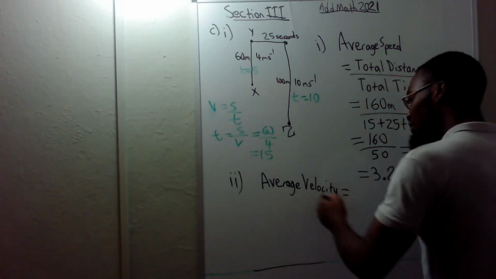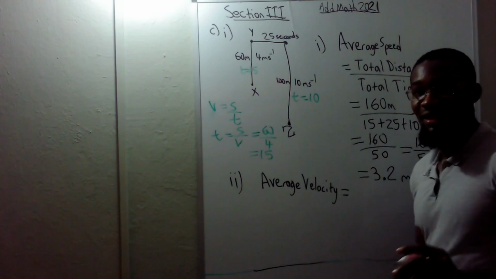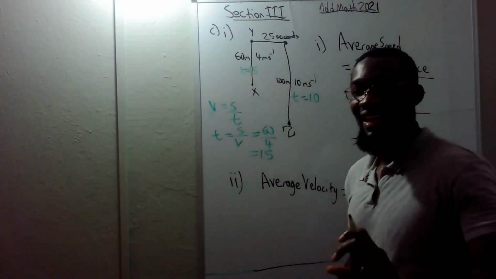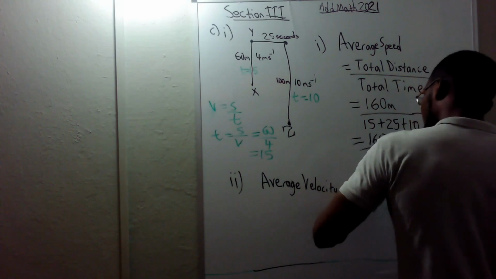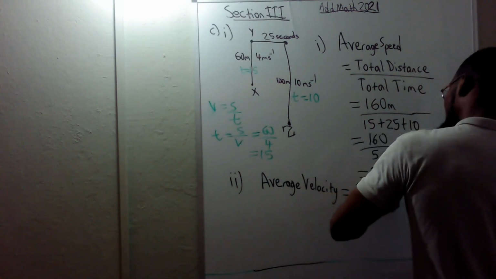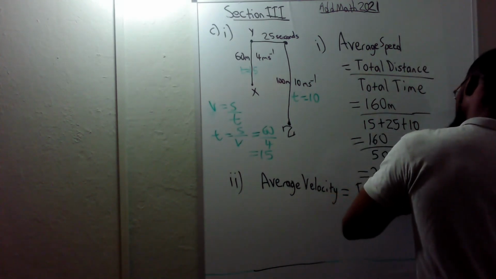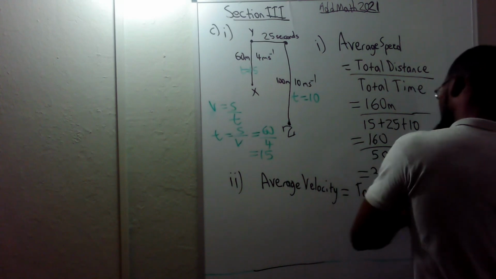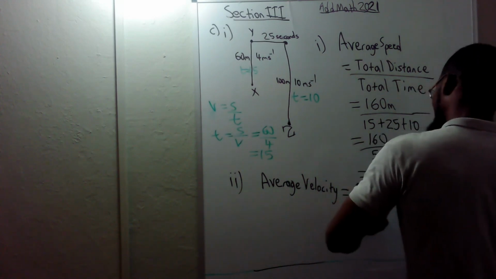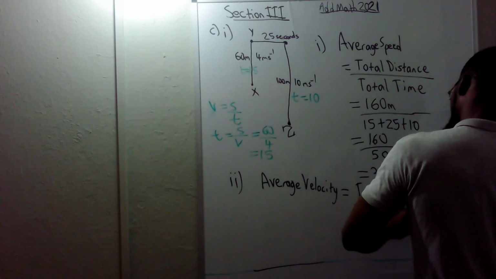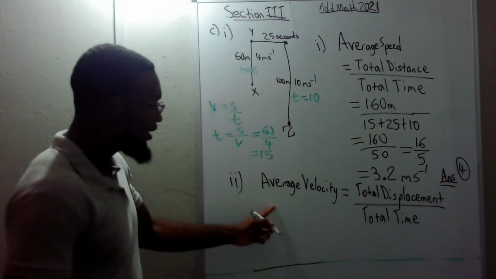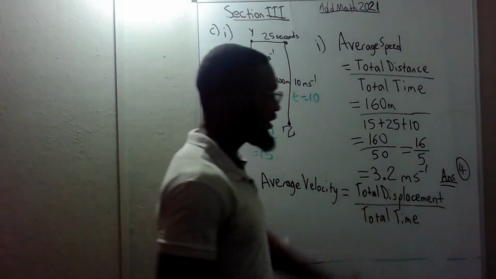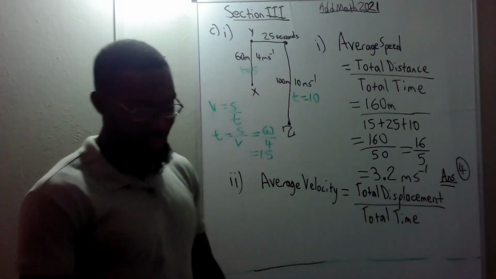So average velocity is total displacement divided by total time. That's it guys. So the average velocity is total displacement divided by total time.